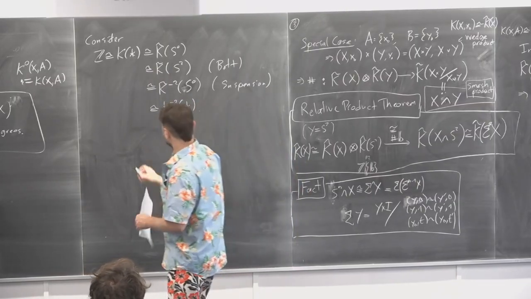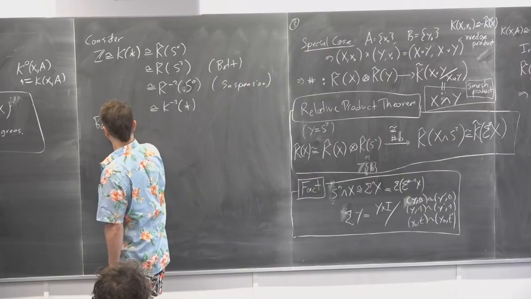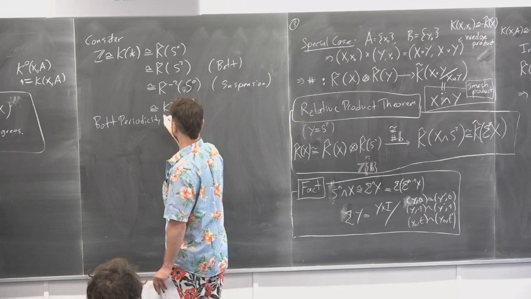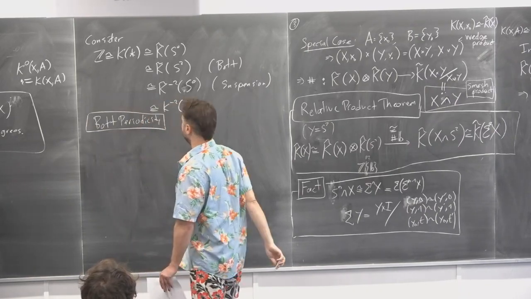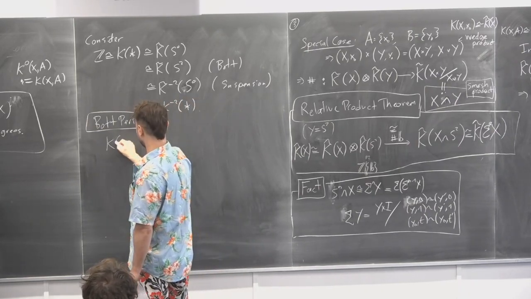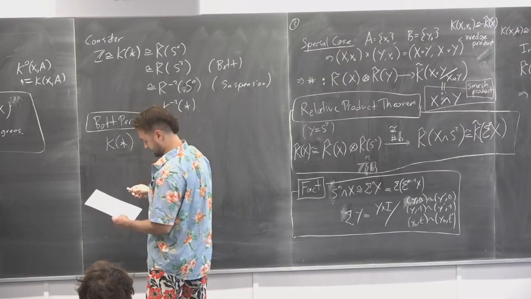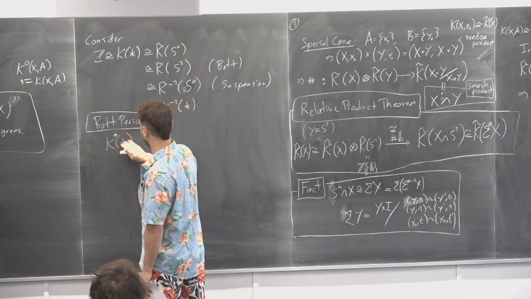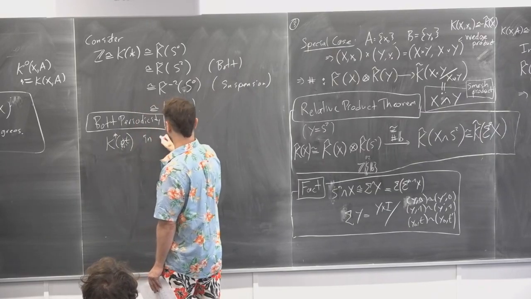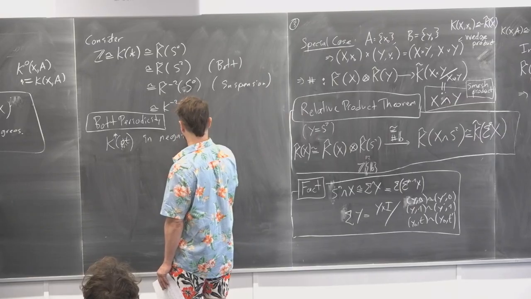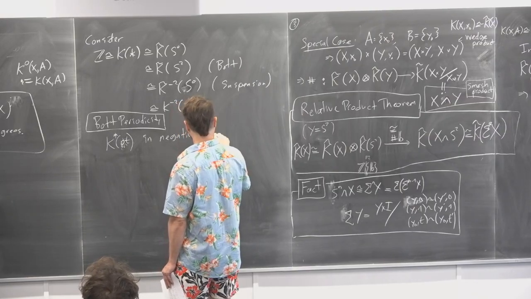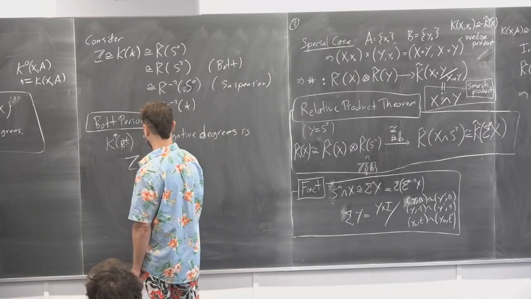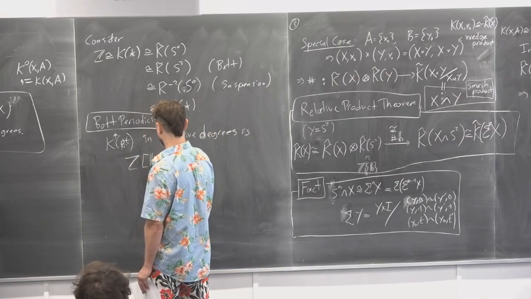So what this is saying, here's another incarnation of Bott periodicity that comes out of treating this as a cohomology theory: the K-theory of a point in, let's say, negative degrees is just a polynomial ring generated by the Bott class.